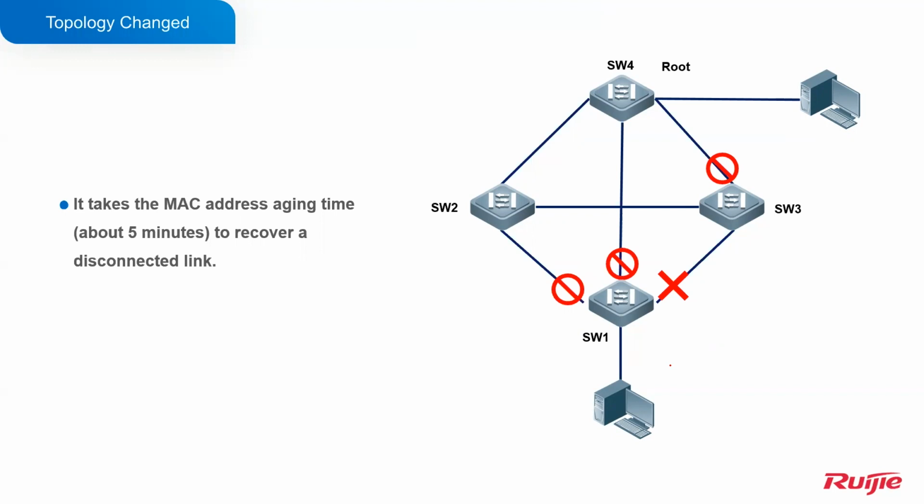Even if the topology or the path has changed, if the MAC address table is unchanged, the packet will be lost, right? Based on the wrong MAC address table entries. So that's the reason why it takes 5 minutes to recover a disconnected link.